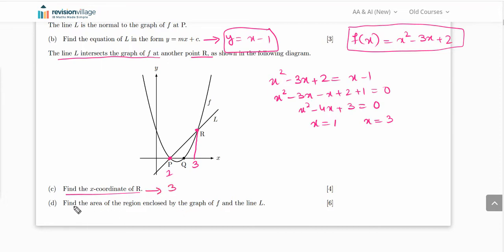Now it says find the area of the region enclosed by the graph of f and the line L. So we have to work out the area of the region enclosed between these two curves.